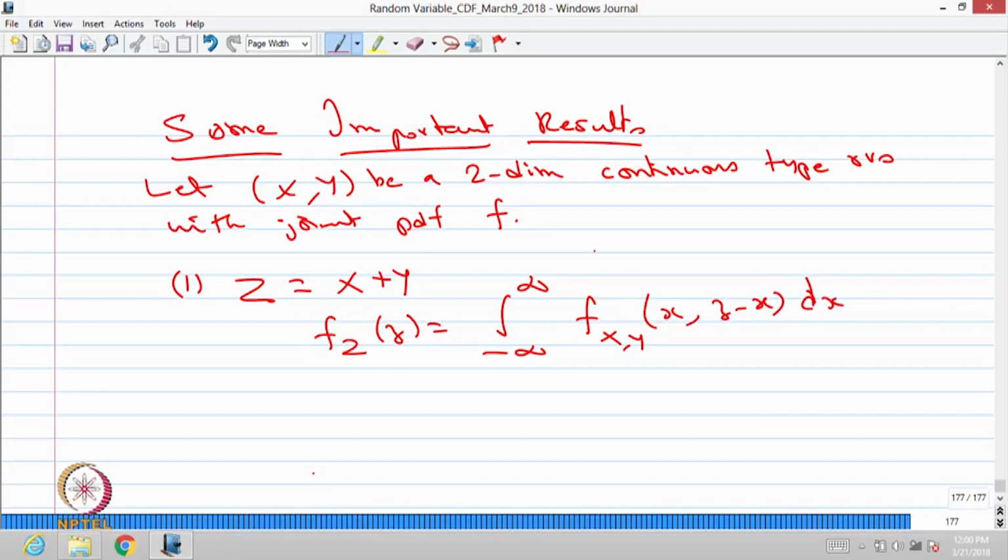So, this is going to be the probability density function of z when z is x plus y and x and y are two dimensional continuous type random variable with the joint probability density function small f.